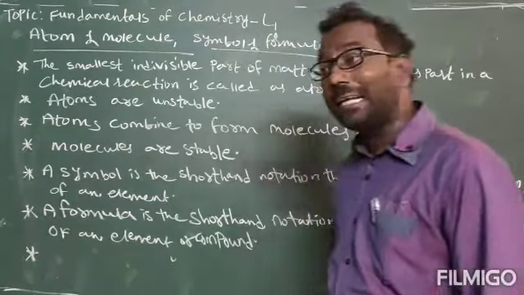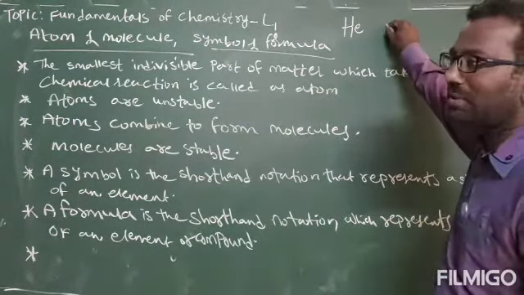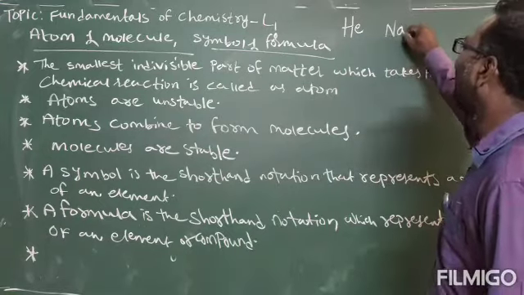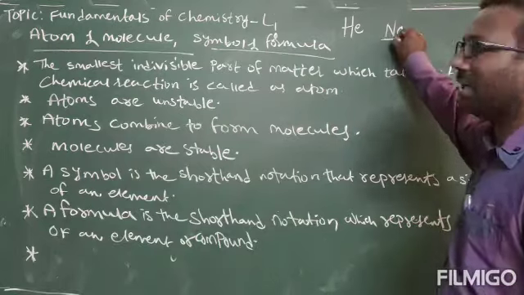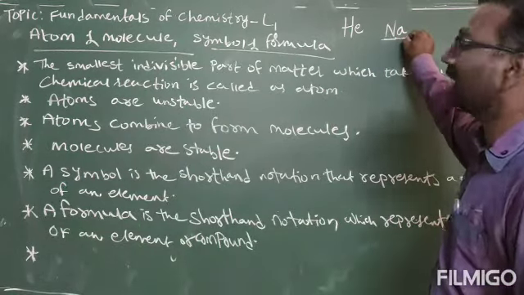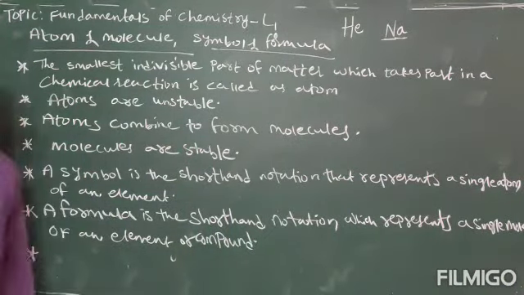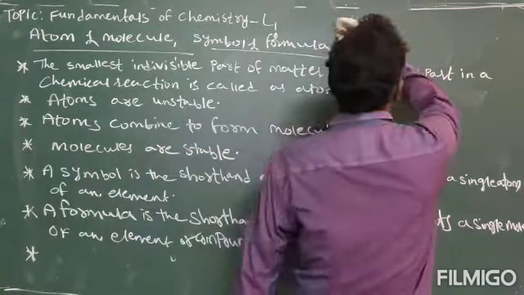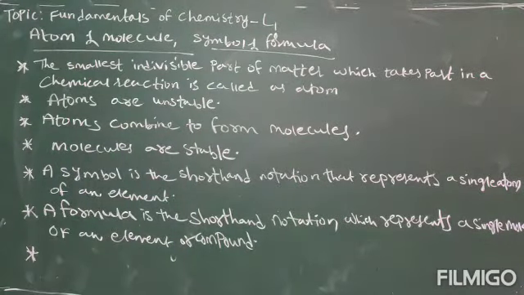Based upon the Latin names also, the symbols are given. Natrium, sodium, symbol is Na. It came from natrium. Here also the first letter is capital and the second letter is small. And this concept was introduced by J.J. Berzelius.